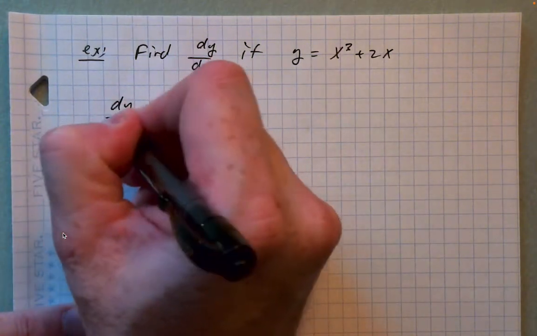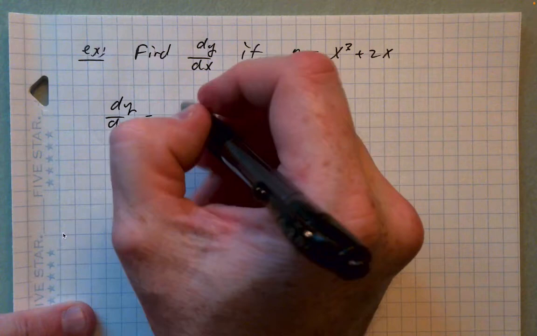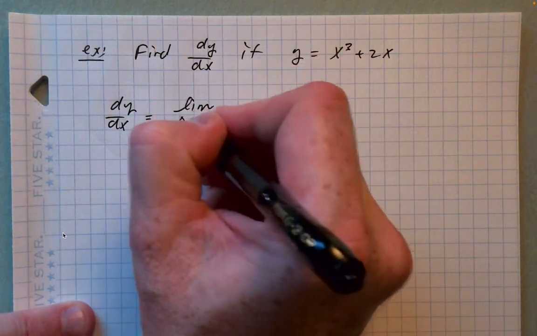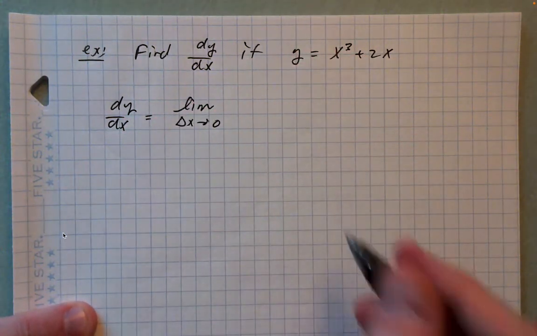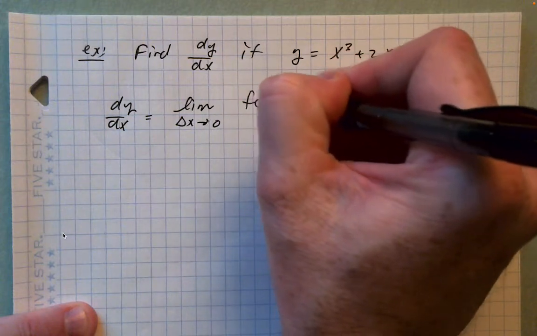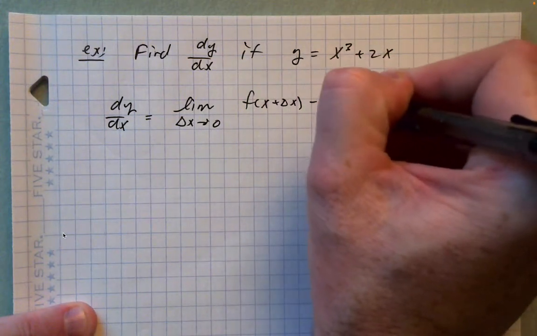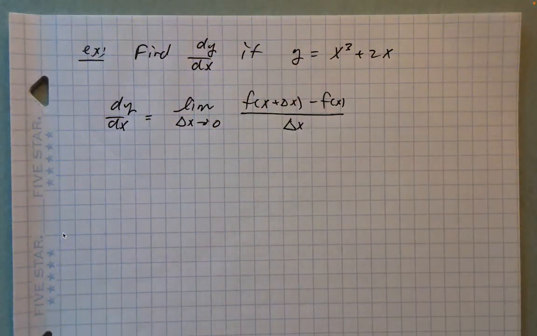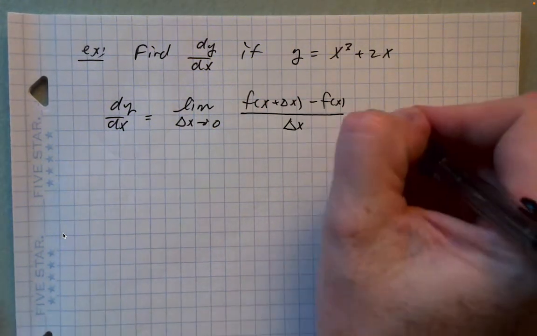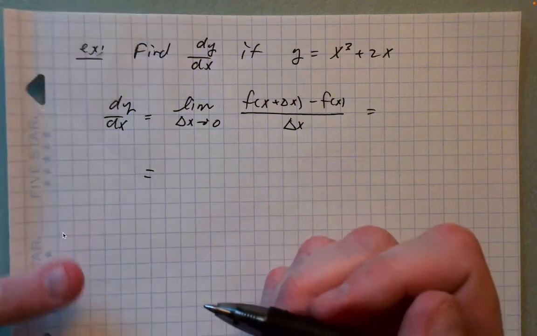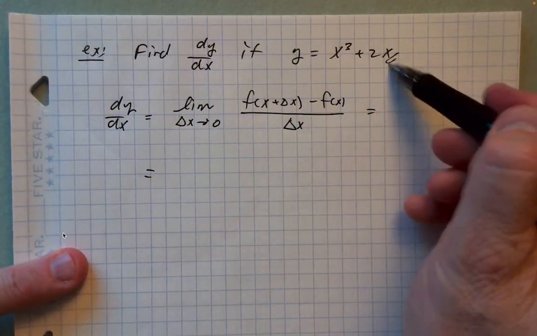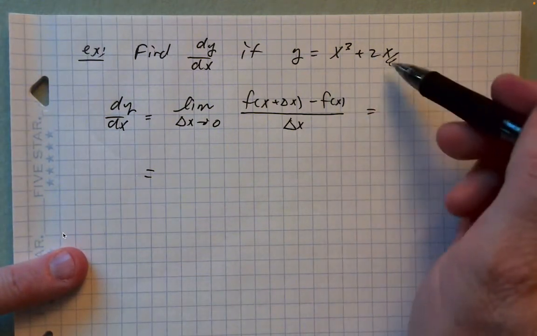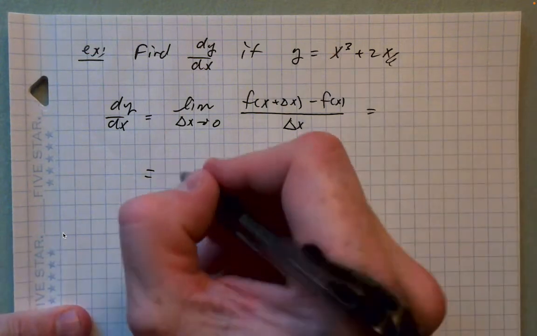It is equal to, now this is that limit, the limit as delta x goes to 0 of f of x plus delta x minus f of x over delta x. We have a specific function here, x cubed plus 2x is the one we're interested in, so let's plug all that in.